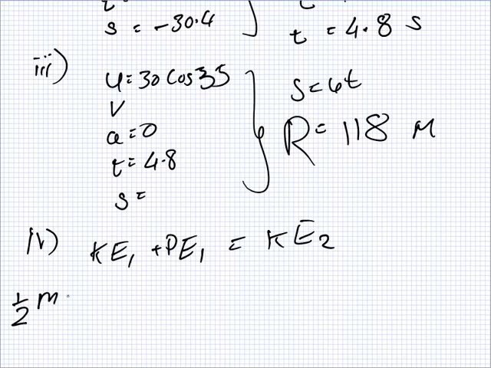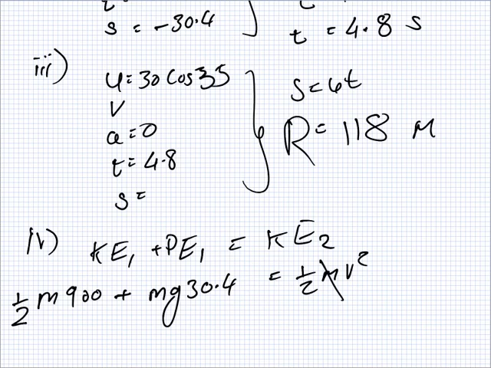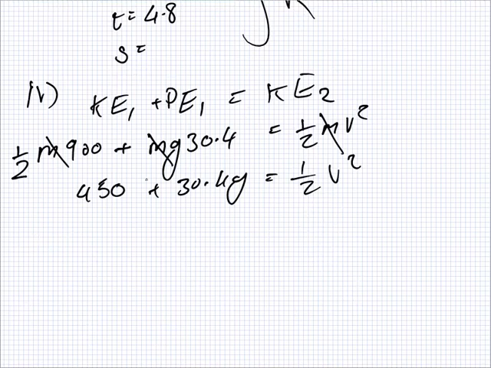What's the starting velocity? 30, so squared, 900. mg, and what's the starting height above the ground? 30.4. And then the kinetic energy at the end is a half mv squared. So the m's cancel, and you get 450 plus 30.4 g is a half v squared.